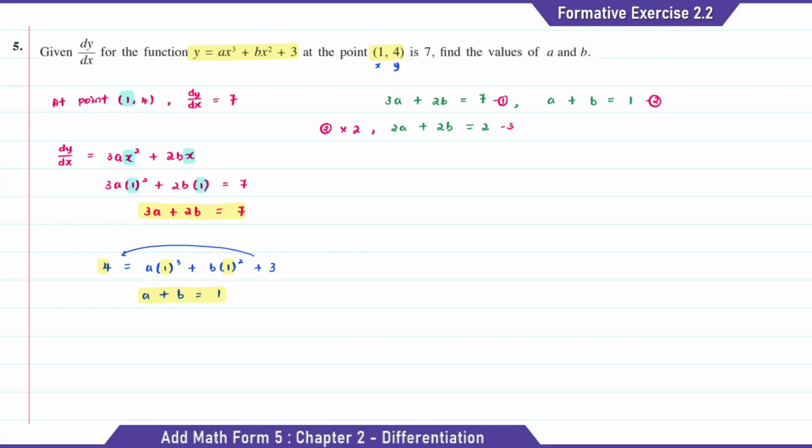And I'm going to label this as equation 3. To eliminate the 2b, here I'm going to use equation 1 minus equation 3. Then a is equal to 5. To find the b, substitute a equal to 5 into equation number 2. Or if you want to substitute into equation number 1, also can. Then b is equal to 1 minus 5, which is negative 4.